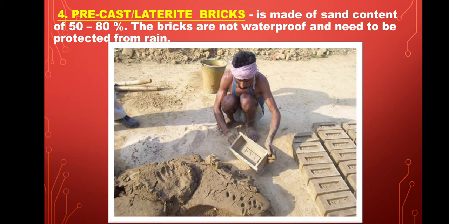If you don't protect them from rain, when it rains heavily, the rain can easily wash your bricks away. So the fourth type of brick is known as precast or laterite bricks.